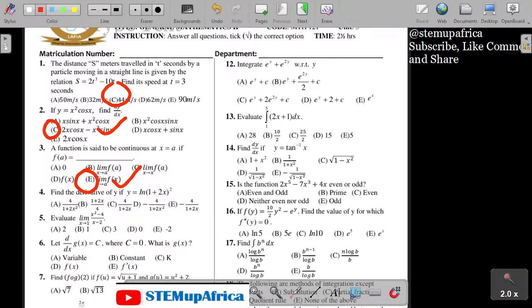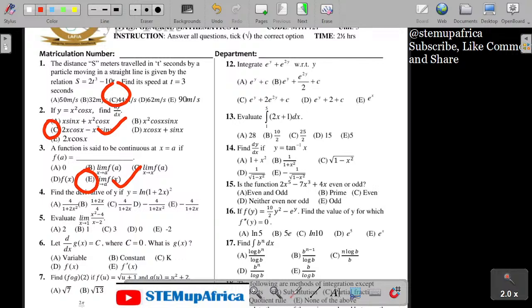So let's look at question 4. This course is all about differentiation, integration, and the application of differentiation and integration, including inverse differentiation, and most importantly, limits.